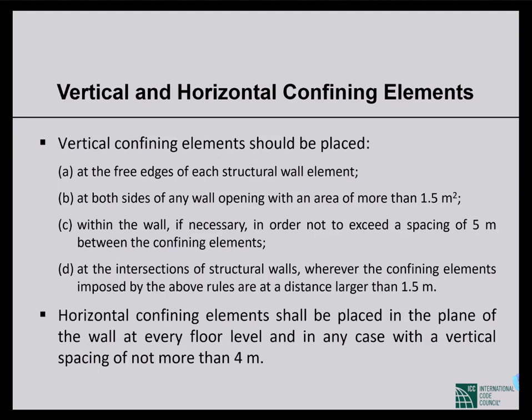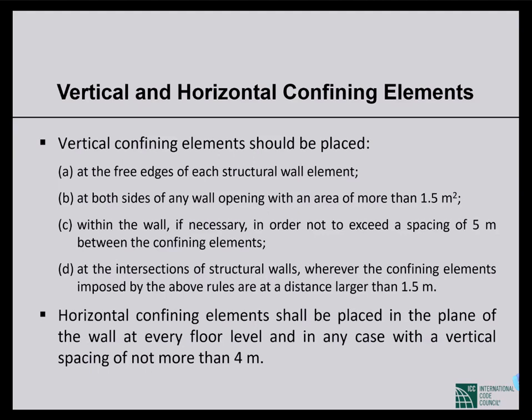So the spacing of vertical confining elements cannot be more than 5 meters. At the intersections of structural walls, like corners, where we have cross walls, wherever the confining elements imposed by the above rules are at a distance larger than 1.5 meters.